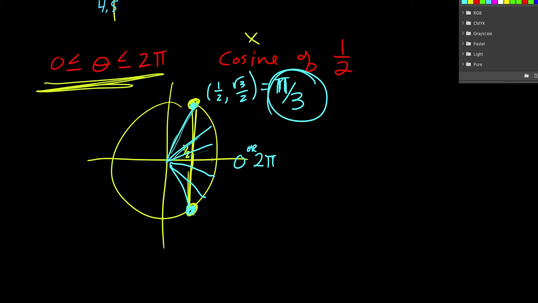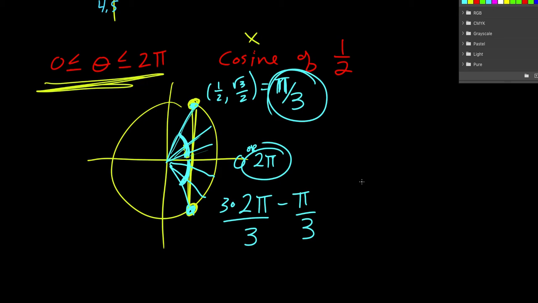Okay. Now the measurement from here to here is the same as the measurement from here to here. So we're going to subtract pi thirds when we start at 2 pi. To get here, we have 2 pi, and then we go in the negative direction, pi thirds. If I multiply by 3 over 3, we end up with 6 pi thirds minus pi thirds, which is 5 pi thirds.